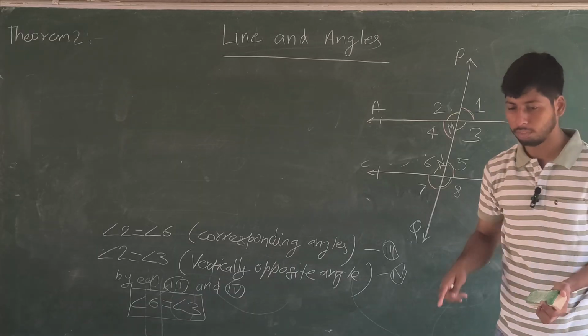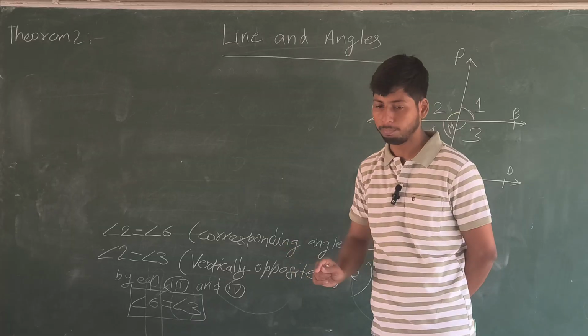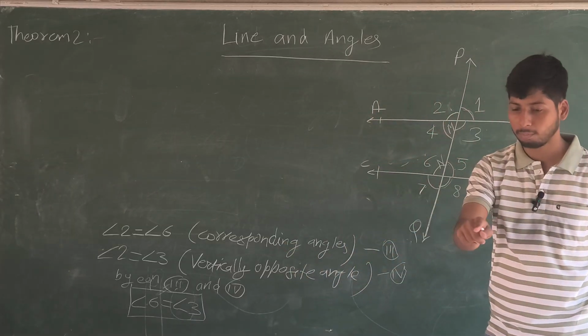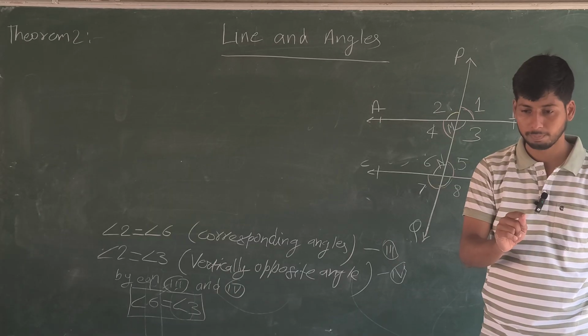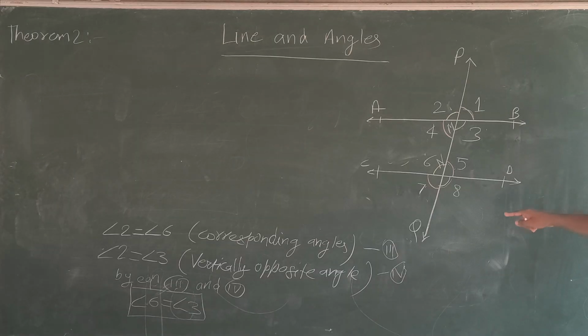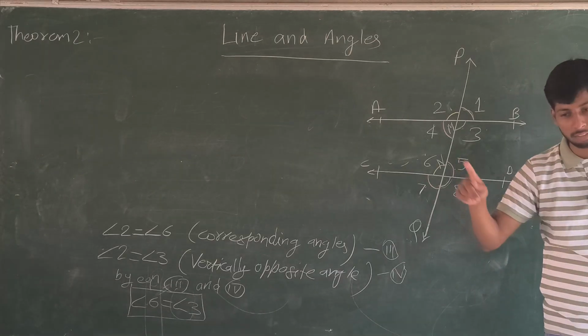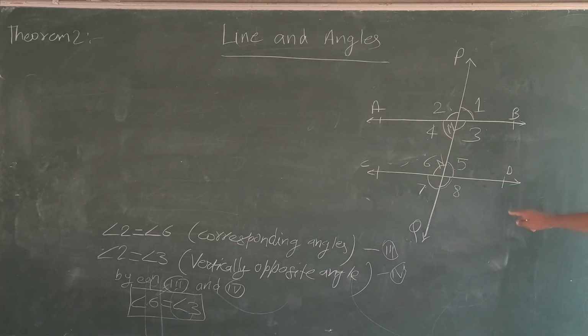If you look at your notes, what was given in the first theorem? We were given that AB is parallel to CD. But in theorem 2, this we have to prove.